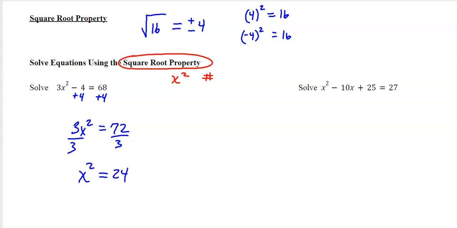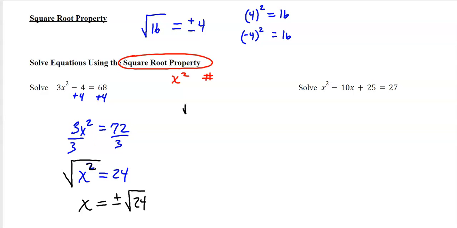Now this one's not going to be a perfect square because the square root of 24 is some decimal. So we're going to simplify it like we did back in chapter 1. When I take the square root, that undoes this exponent too, so I just end up with x. And then my answer is going to be the positive or negative of the square root of 24. Now, if it's a certain application, you might want to go into decimal world, but we're actually going to simplify that square root.